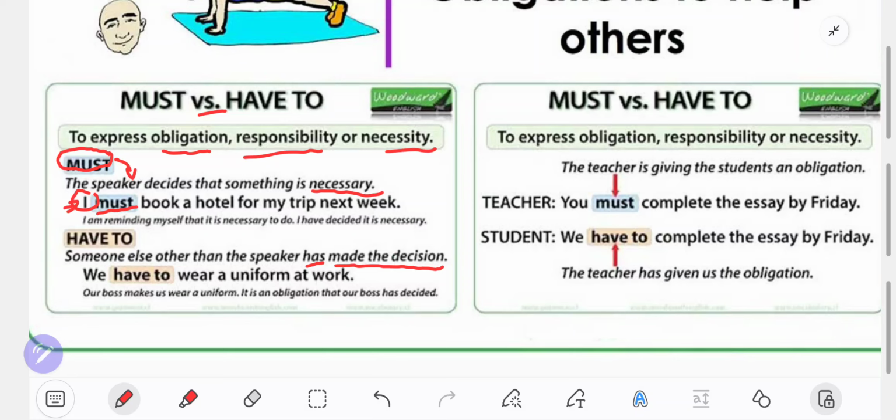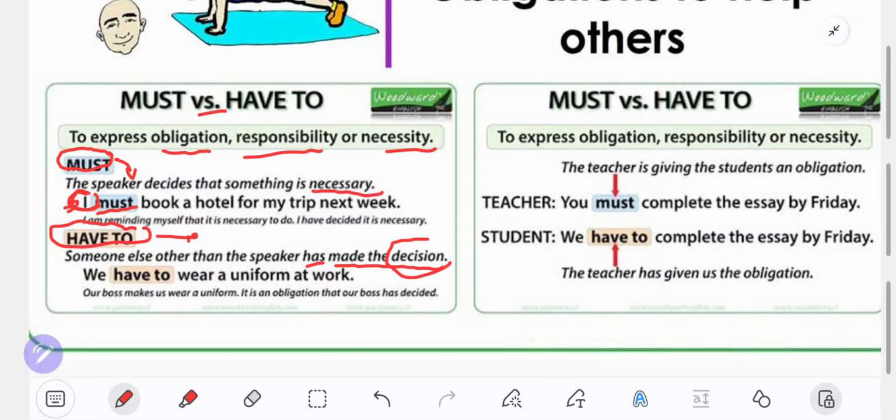But you have to do what they said. Okay, understand? The decision for have to is from other people. But for must, the decision is from you.